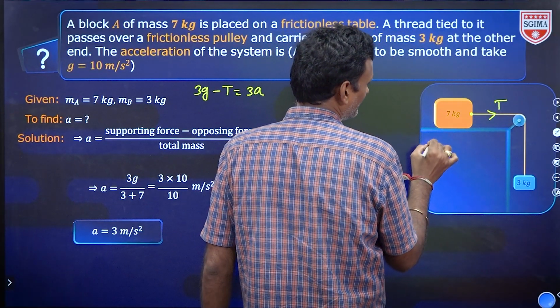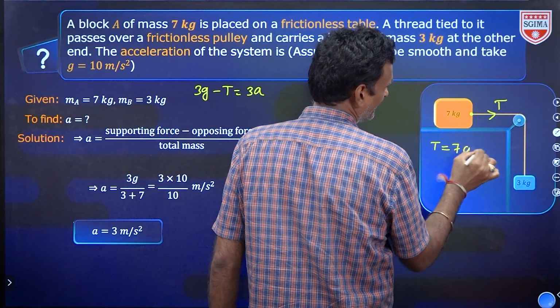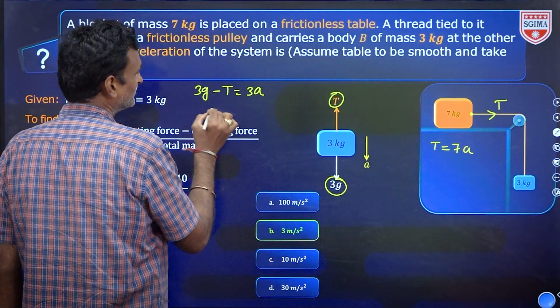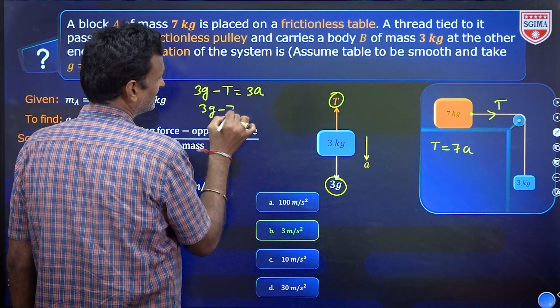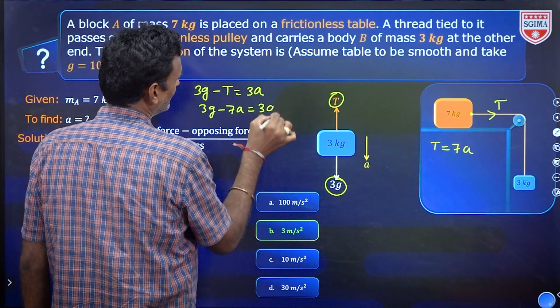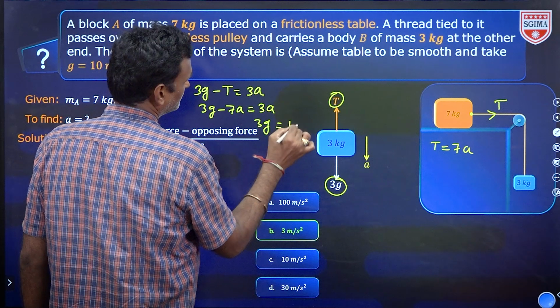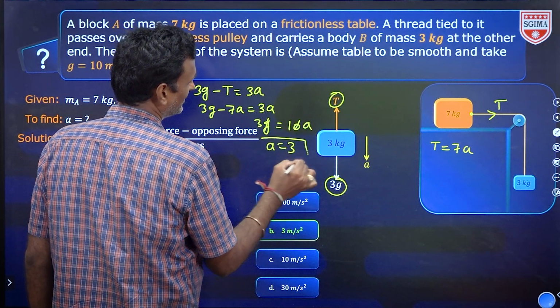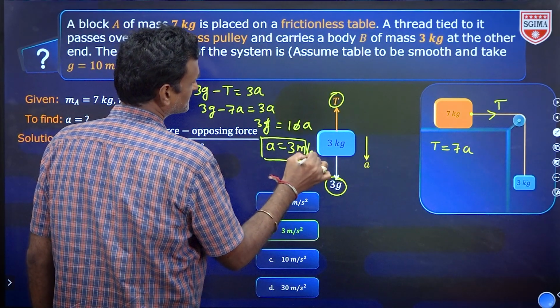So we can write simply T equals 7a. This 7a we can put in the place of T. So that is 3g minus 7a equals 3a, which gives 3g equals 10a, zeros cancel, a equals 3 meter per second square.